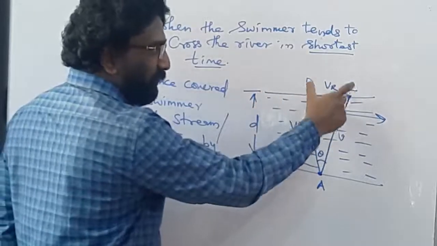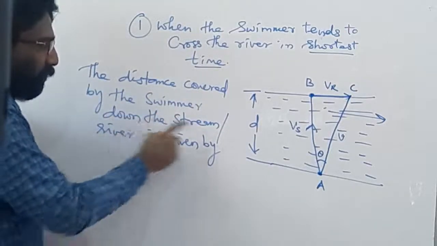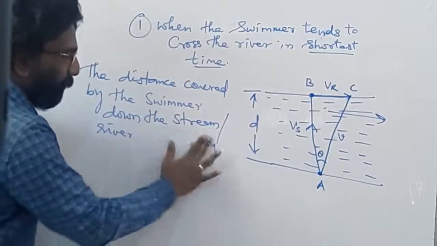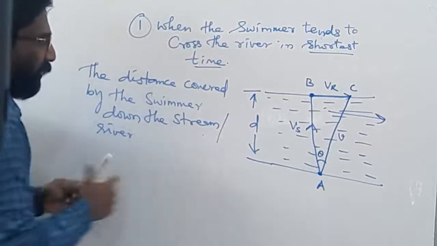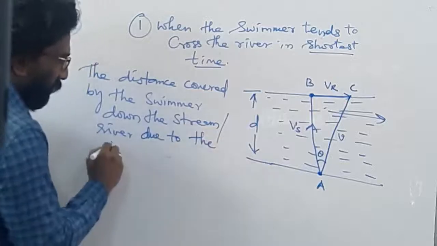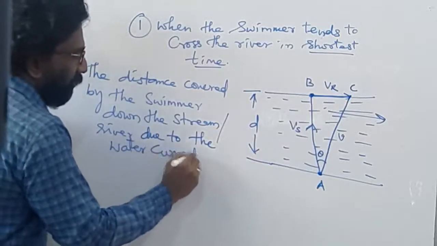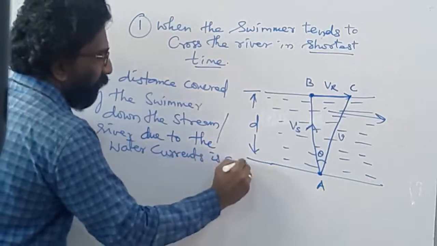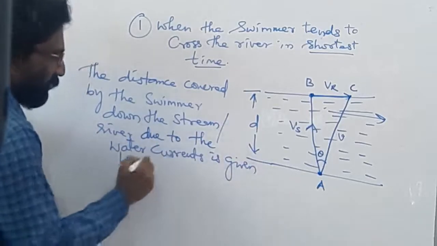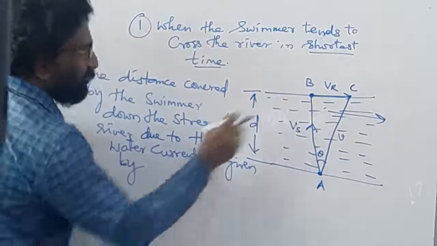So the distance covered by the swimmer down the stream due to the water currents is given by, so what is this one? It's BC.